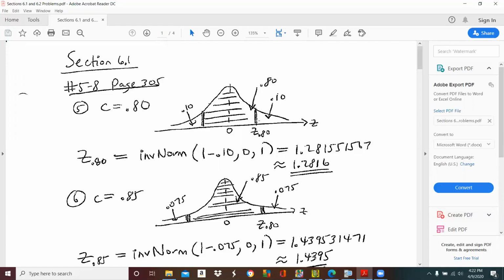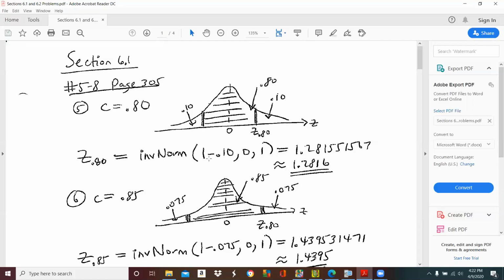This critical value has an area to the right of 0.10, or 10%. So obviously the area to the left is 1 minus that, which is 0.90. And how do we know it's 0.90? Because the middle is 80%, and then the left tail is an additional 10%. Okay, so anyway, put this into our calculator. We use inverse norm.